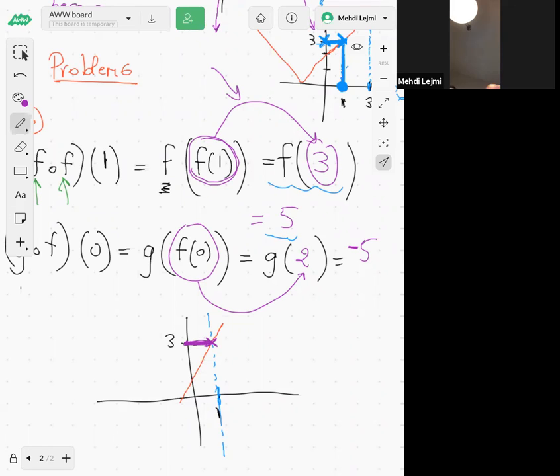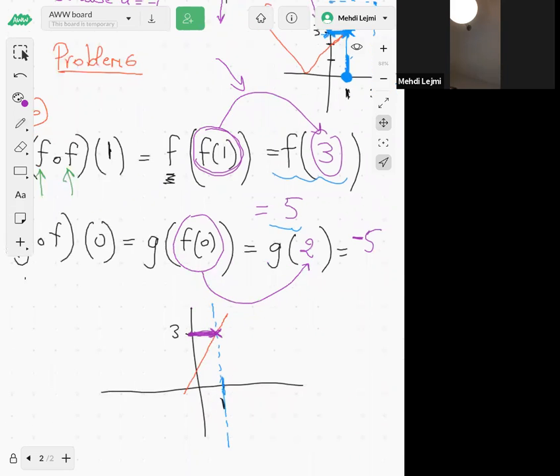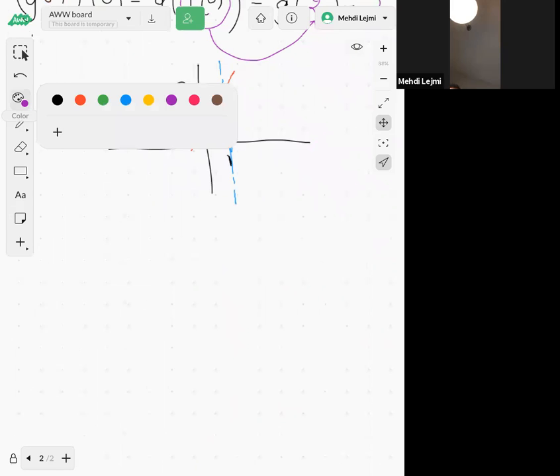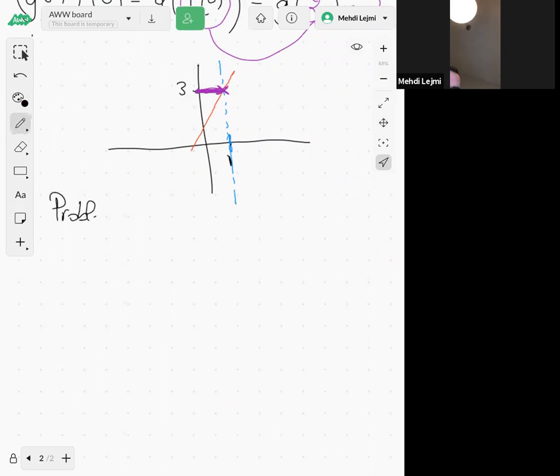Okay, so for number 7, the inverse. Find the inverse. So problem number 7. So we have to find the inverse.